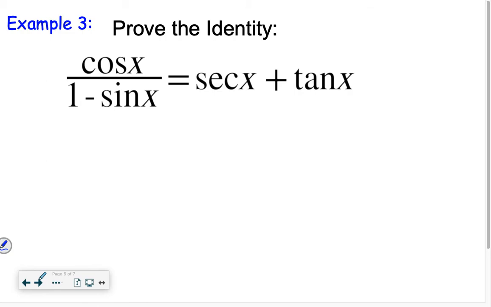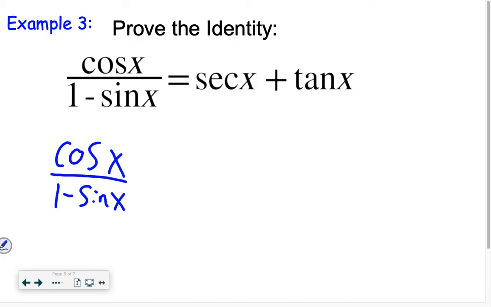Okay, so if we look at cosine of x all over 1 minus sine of x, well, we can multiply by the conjugate, which is where you just change that middle sign of the denominator. So we're going to multiply by 1 plus sine of x over 1 plus sine of x.